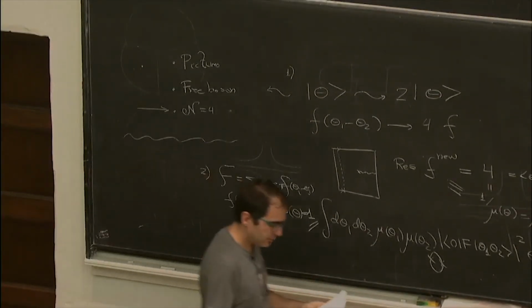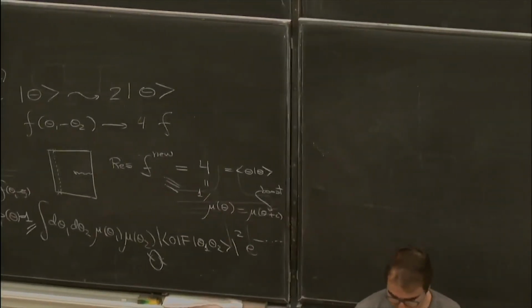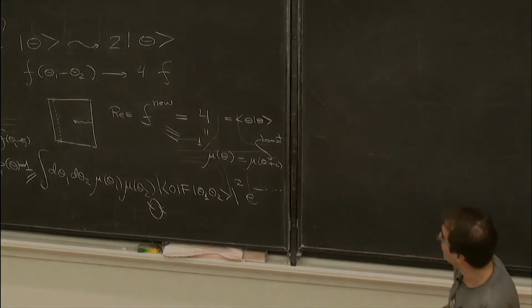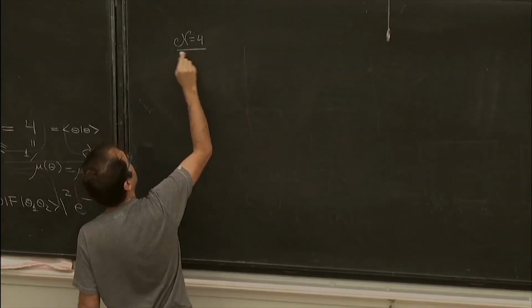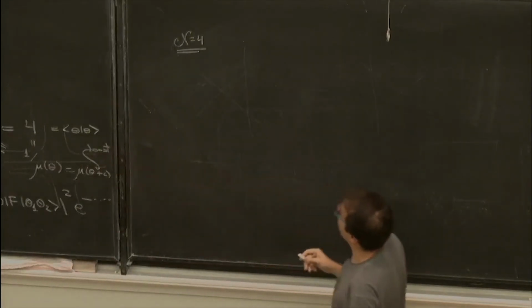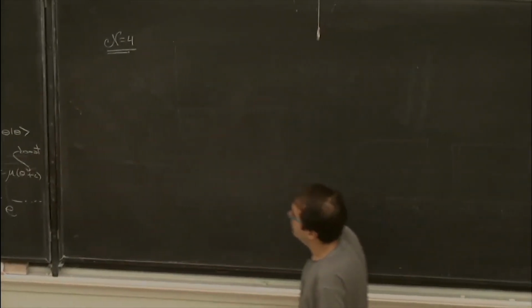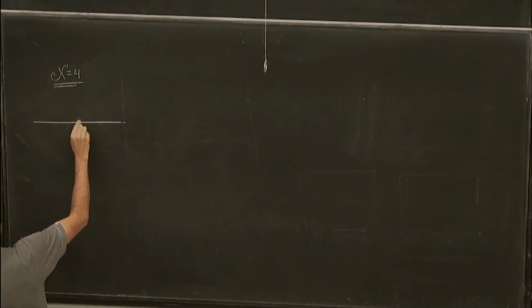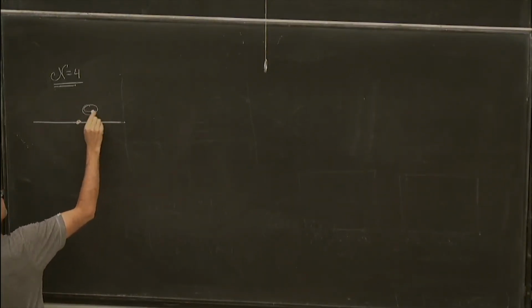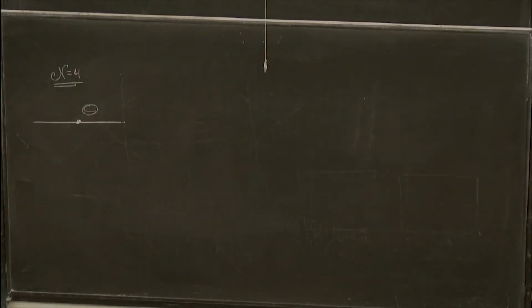Okay, so let's go to N equals 4. And in N equals 4, we have indices. For the free boson, it was just some particle with some rapidity theta.